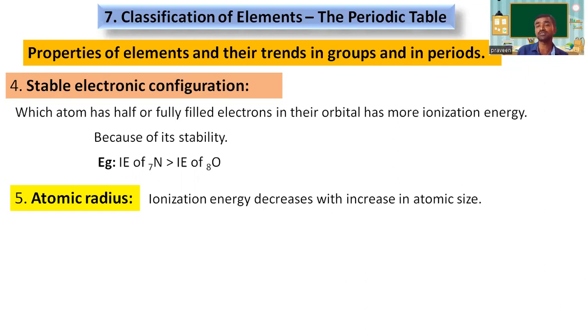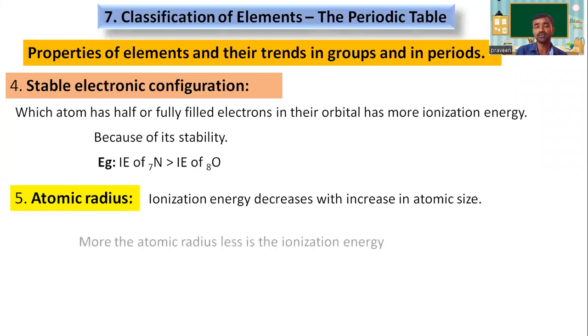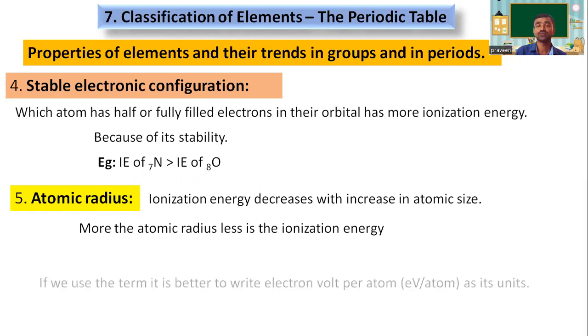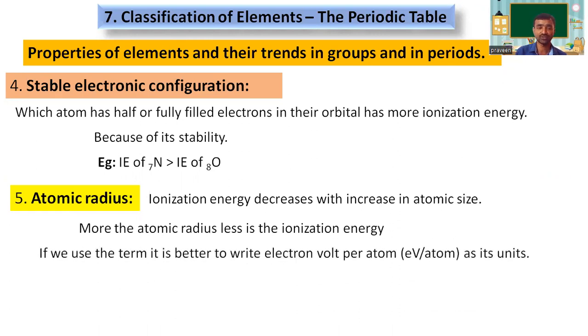When the atomic size decreases, nuclear attraction power increases, so ionization energy also increases. So ionization energy decreases with an increase in atomic size, and increases with a decrease in atomic size, the opposite. So the more the atomic radius, the less the ionization energy. This is about the atomic radius.